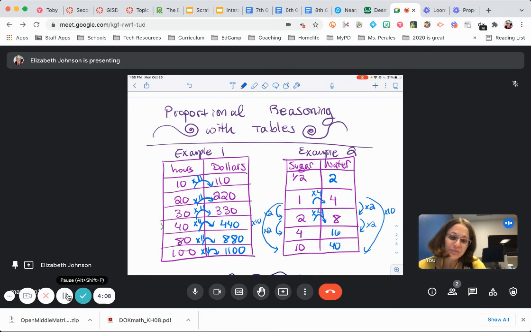And you can use those as a strategy to find missing rows as long as you know that your table is proportional, because those relationships will only hold true for a proportional relationship. It won't be true if it's not proportional.